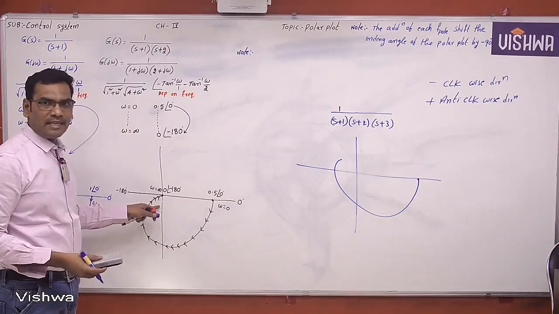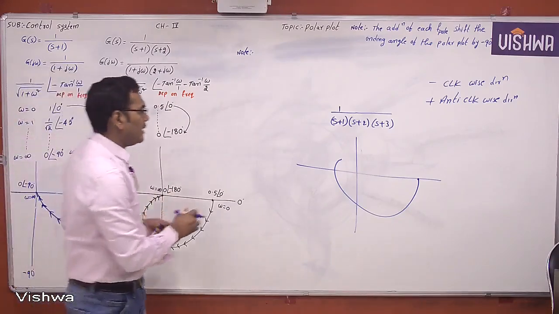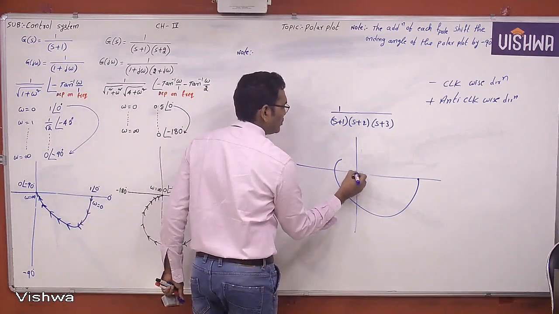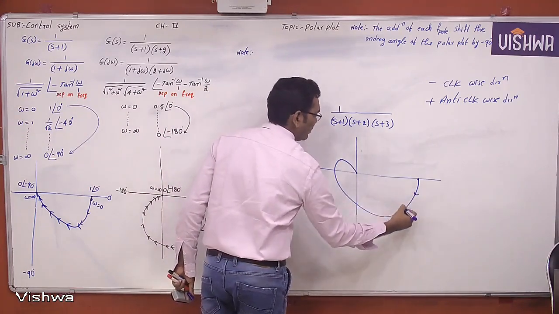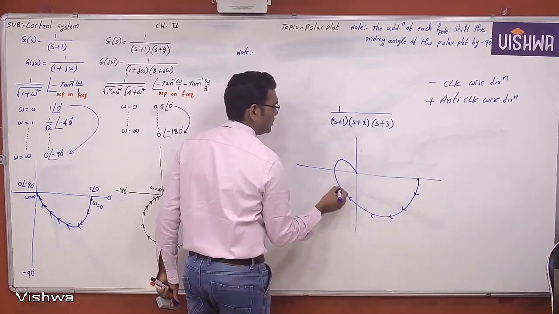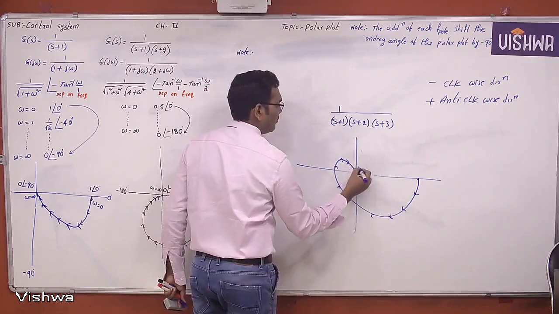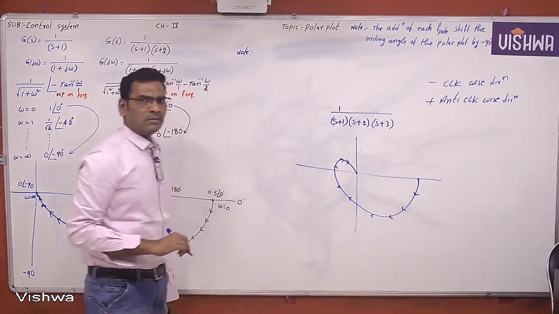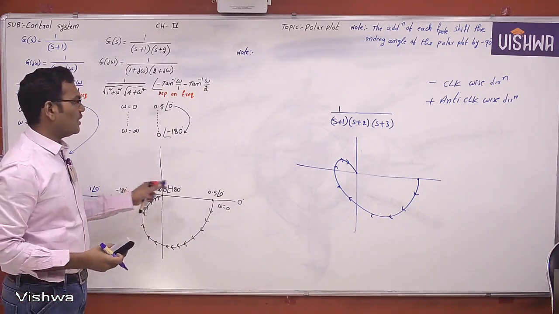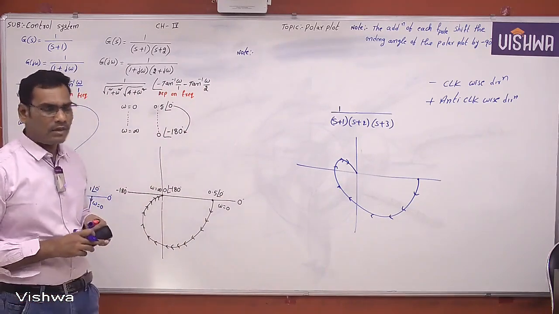Here it is minus 180 degrees, shifted again by minus 90 degrees, so minus 270 degrees. Like this, this is the polar plot of three simple poles, and the addition of each simple pole gives that result. Okay, note this.